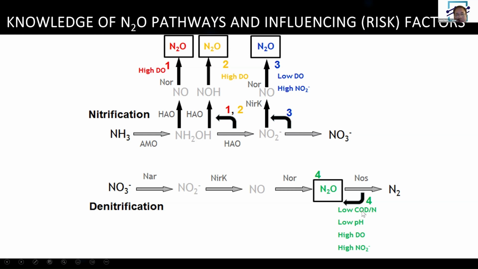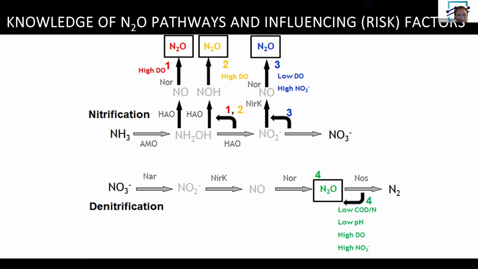There are certain conditions that will lead to accumulation of N2O and emission of N2O, as opposed to conversion of N2O to nitrogen gas as an intermediate in the denitrification process. So if we don't have a framework to be able to be looking at any combination of these process conditions or operational conditions, at each site, and within each site, each reactor, and within each reactor, each zone, then it's going to be very difficult to understand what the total emissions are and what we're going to be able to do to reduce those emissions.